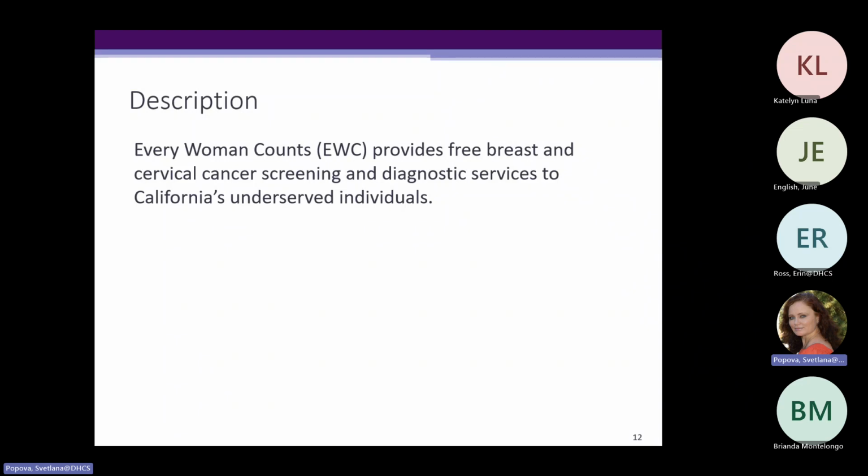Besides that, we also provide a referral to the treatment program, because with every single participant in our program, if we identify a precancerous or cancerous condition that is on the list of eligible conditions for treatment, all of those patients not only have to be diagnosed and referred but also start the treatment, and we monitor that through Detect.